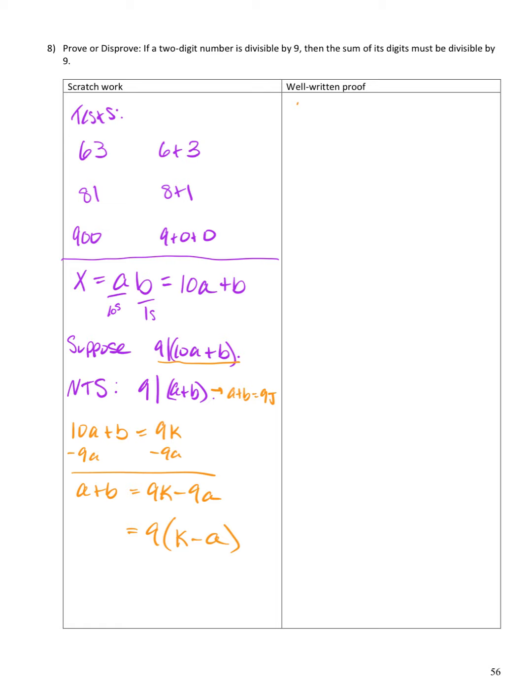So we're going to suppose x is a 2-digit number with tens digit a and ones digit b.